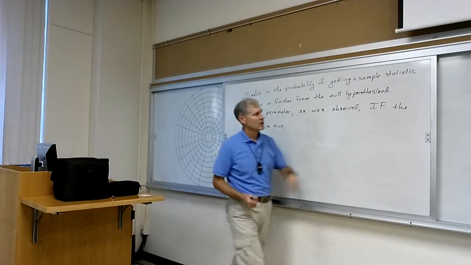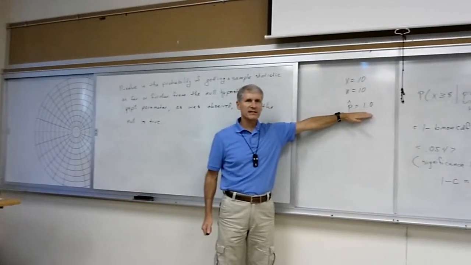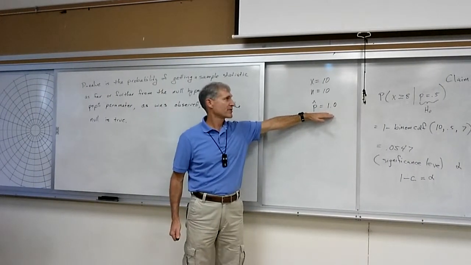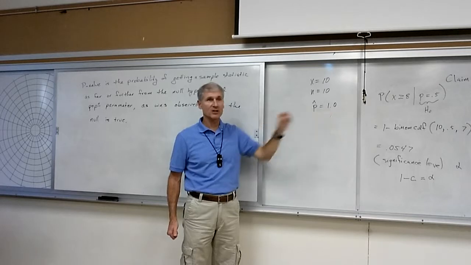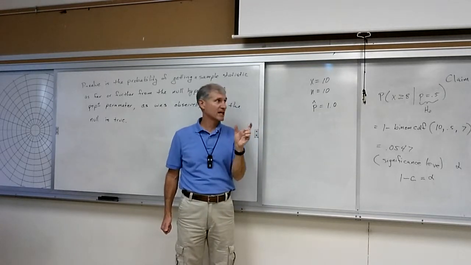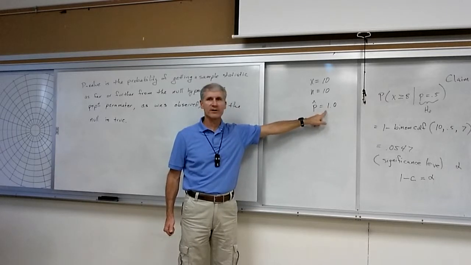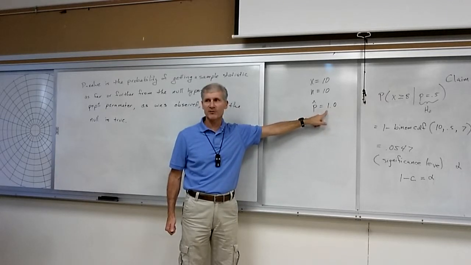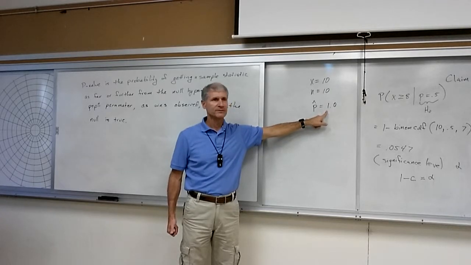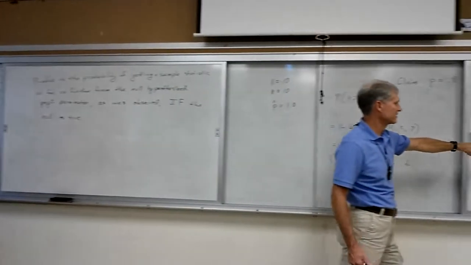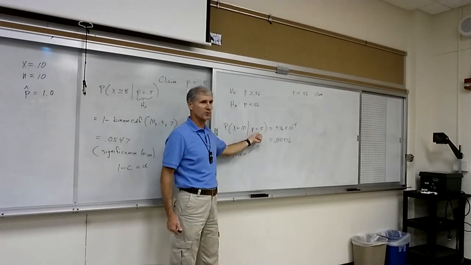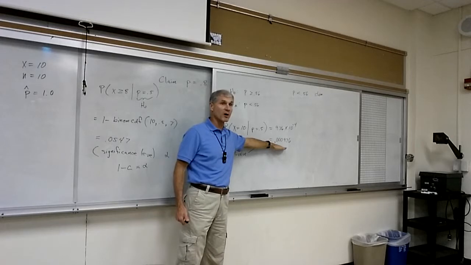In other words, we got a sample statistic, p hat, of 1. The null hypothesis was 0.5. That's a long ways away. Right? So what's the probability you could get that far away from the null hypothesized value of 0.5 if 0.5 is really true? Well, that's this value. Probability of getting 10 when p is 0.5 is very, very small.